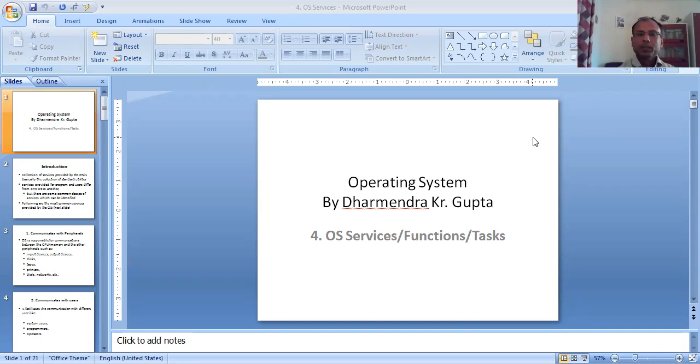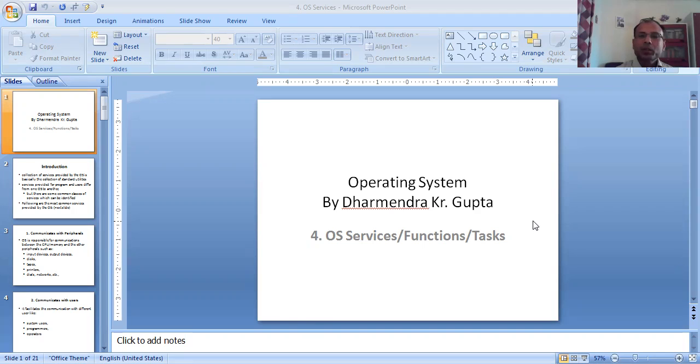तो जनरली क्या होता है कि ओवरऑल रिस्पॉन्सिबिलिटीज और functions or tasks performed by the operating system, they differ from operating system to operating system, but we can discuss some common class of responsibilities.